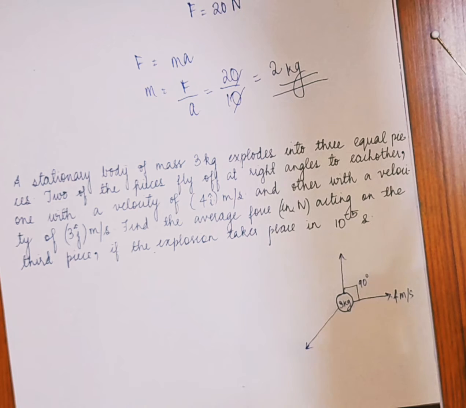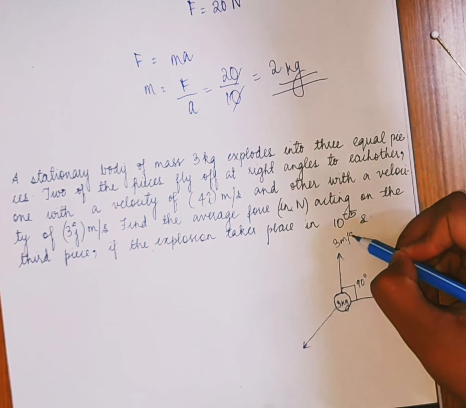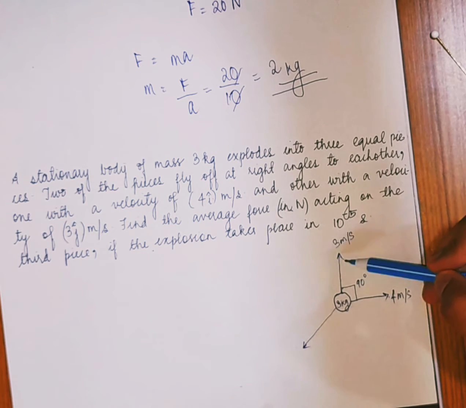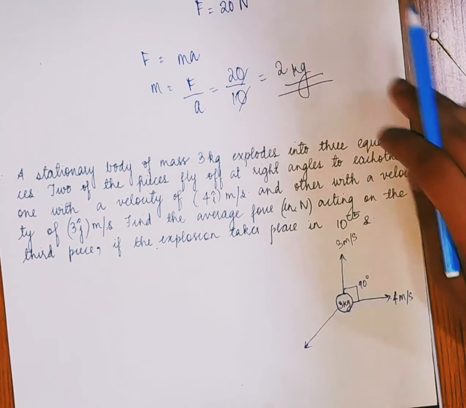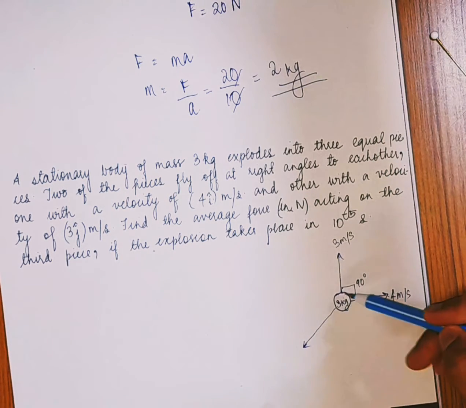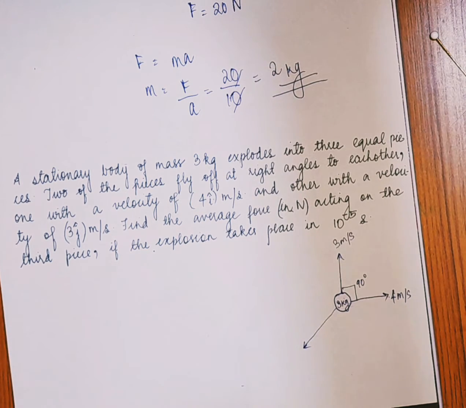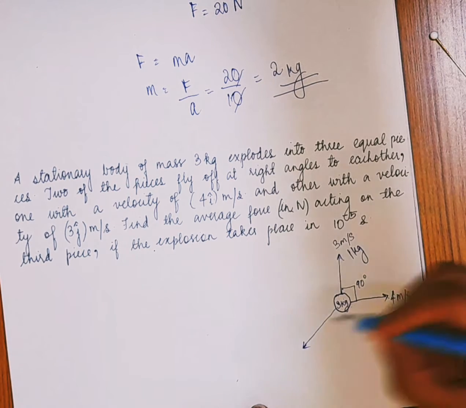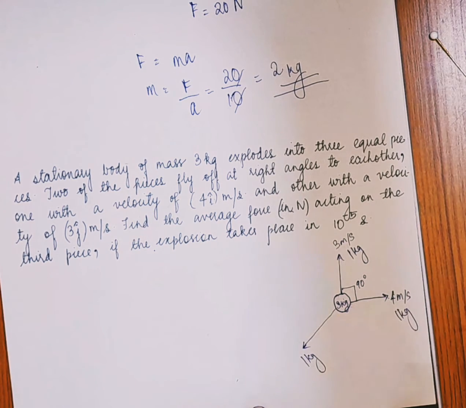And j cap represents the y-axis, so this is going to be 3 meter per second. Here the total mass is 3 kg. If the body explodes into equal pieces, then each piece will have mass 1 kg, right? So this is also going to be 1 kg.